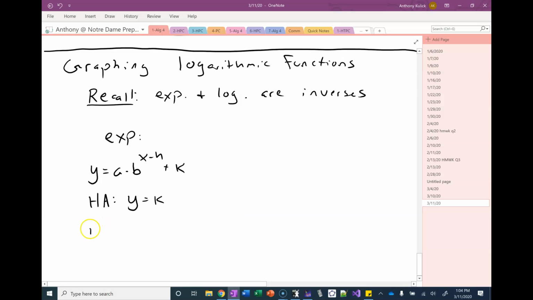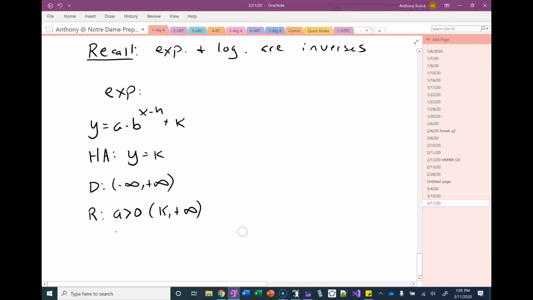And then how did we find the domain? Good. It was always all real numbers. And the range was everything above the asymptote.